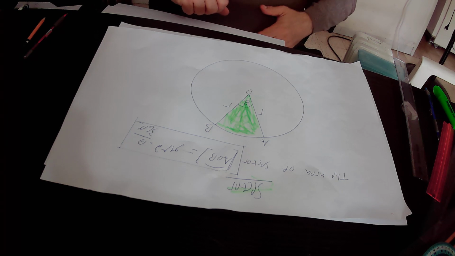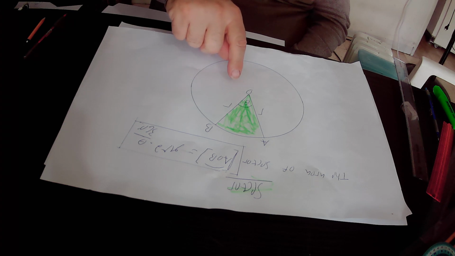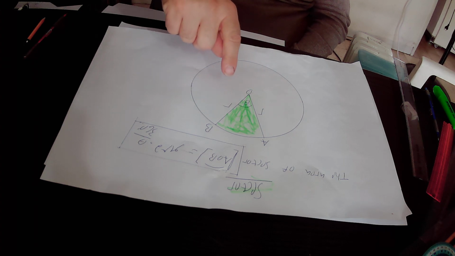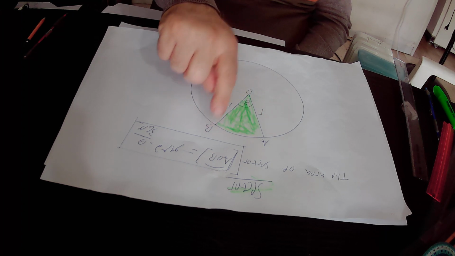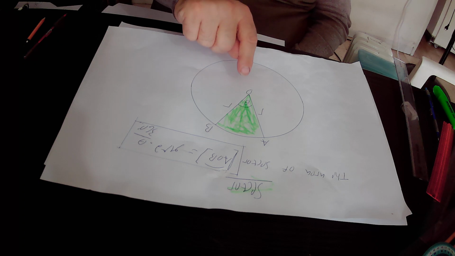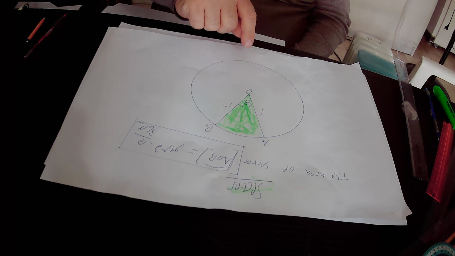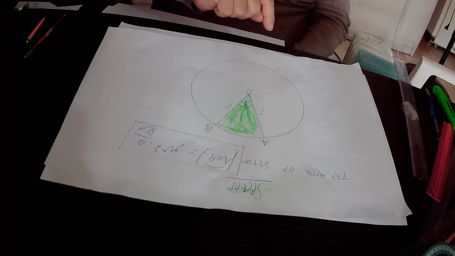In conclusion, sector AOB consists of two legs that are the two radii of the circle, leg AO and leg BO, and the small arc between those two radii, and this is angle theta, the angle between the legs of this sector AOB.